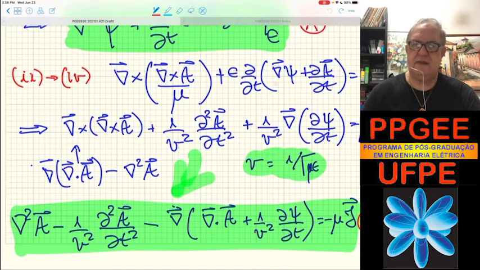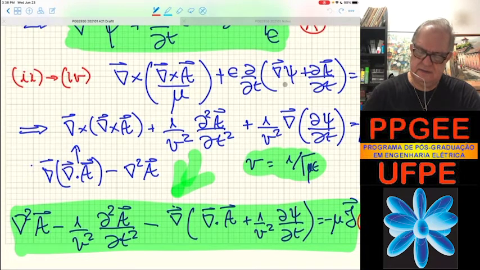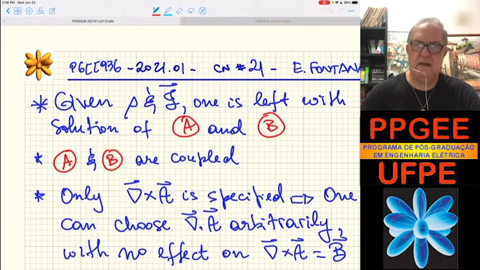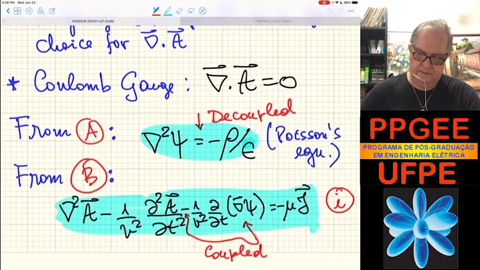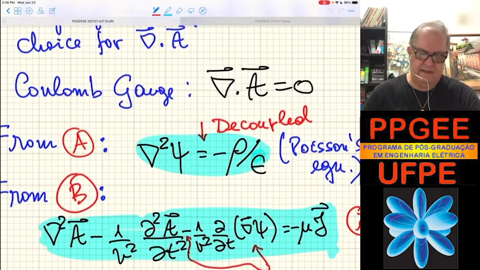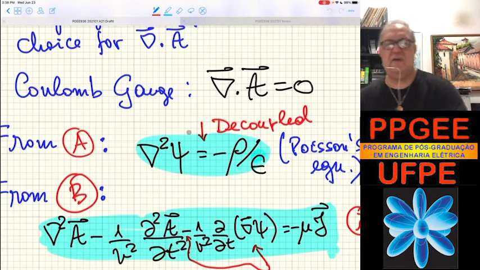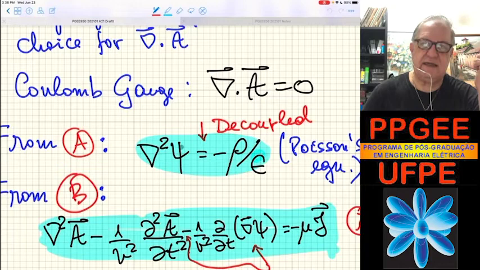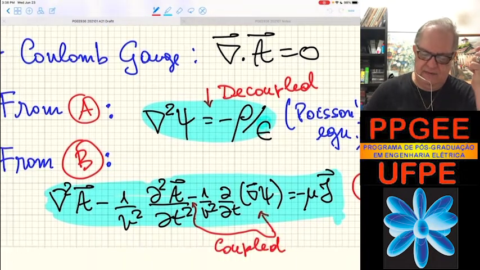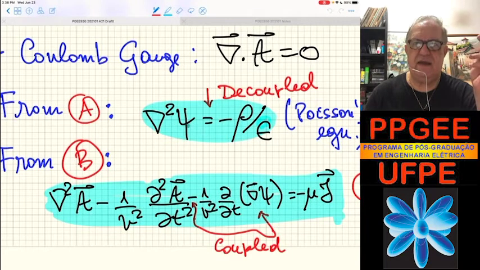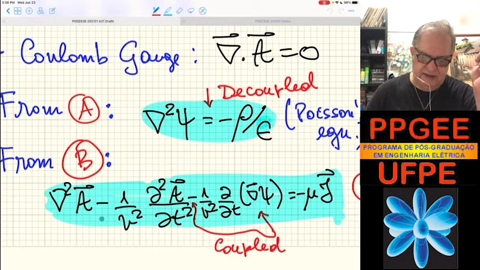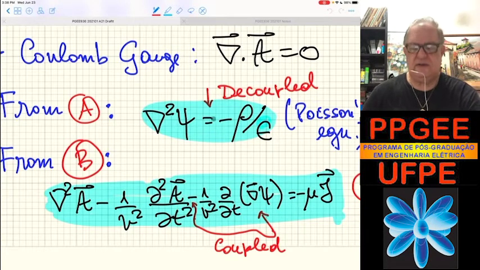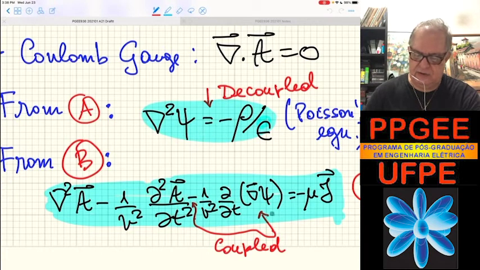Well, in Coulomb's gauge, I decoupled the differential equation that governs the scalar potential. We have a Poisson's equation, and when we set the divergence of A equals 0, we have an equation for A which is coupled with the solution of psi. Well, suppose that you solve for psi, we can plug that solution in here and solve for A, right?